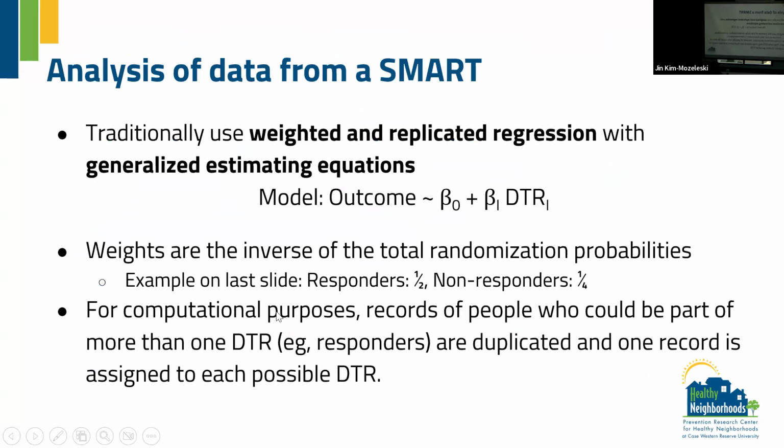And then for computational purposes, this is just so that we can use software for analyzing the data from these SMARTs. For people who could be part of multiple DTRs, their records are duplicated and one record is assigned to each potential DTR.